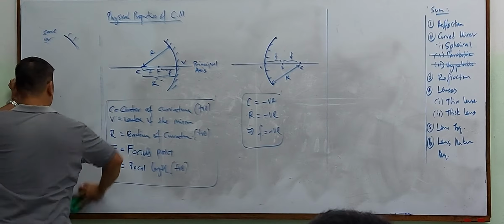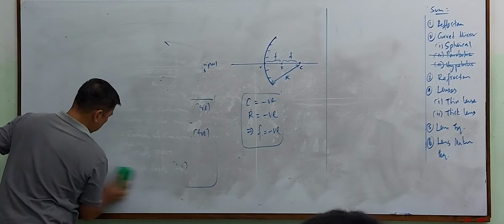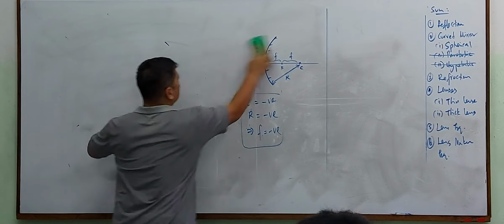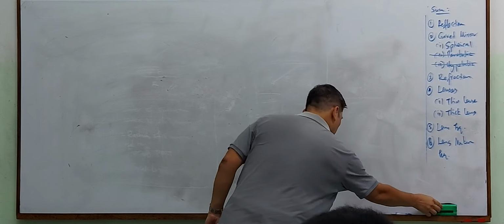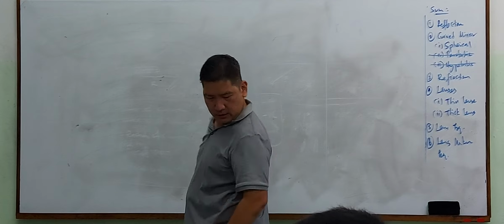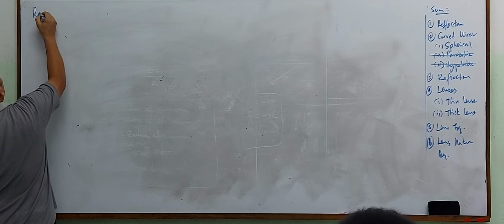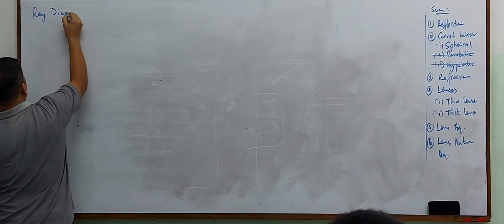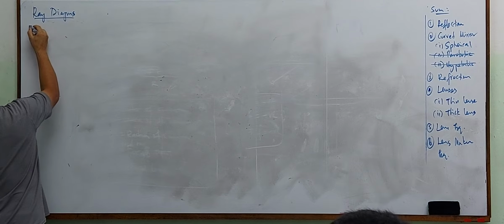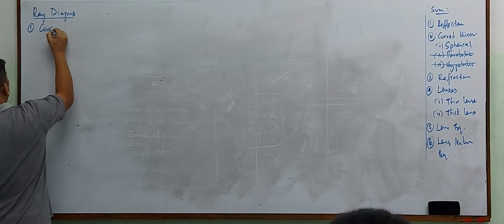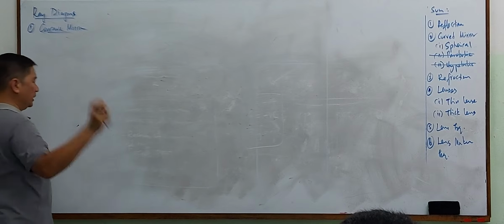Okay, next one. Ray diagram. Ray diagram for both of them, but we start with the concave mirror. Ray diagram, first one, concave mirror. And for concave mirror, we have three types.